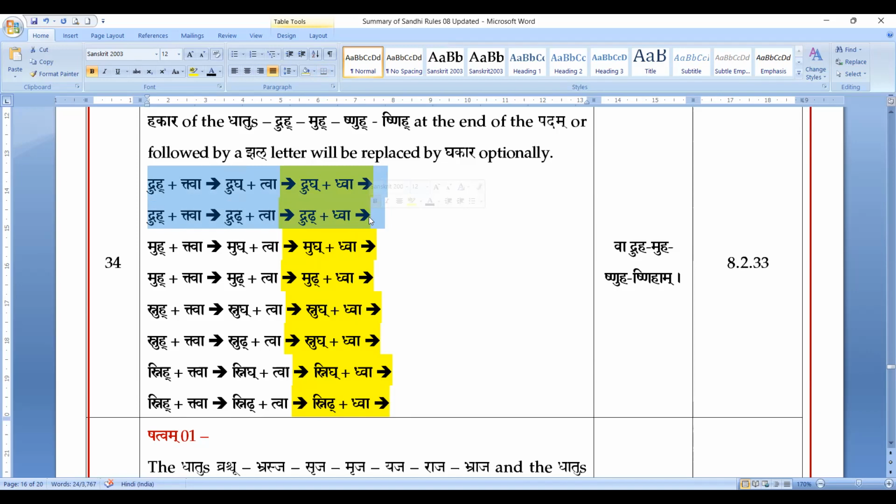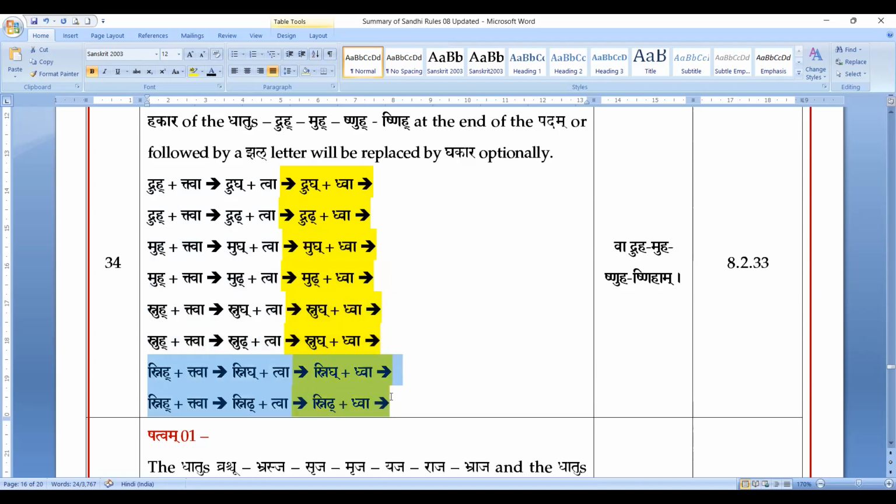Gakara comes optionally, means it comes under the utsarga, that is hakara can be replaced by dakara when followed by a jal letter. Applying that rule, you will have dakara adesha. So gatvam and datvam, 2 possibilities for druk dhatu, similarly 2 possibilities for mukh and snug and snig.